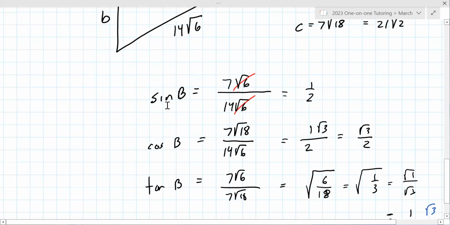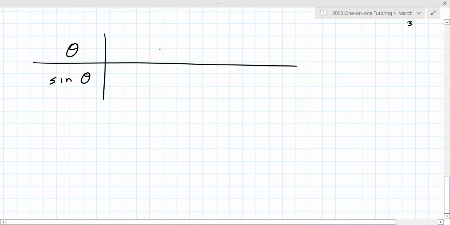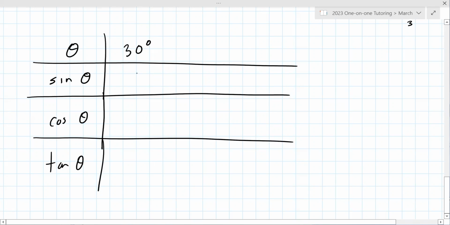Okay. Now, just to summarize here a little bit, B was 30 degrees. So there's actually something important. Sometimes they do this: there'll be theta, and we'll fill in this table here. When theta is 30 degrees, sine, cosine, and tangent, we just got some really important values here.